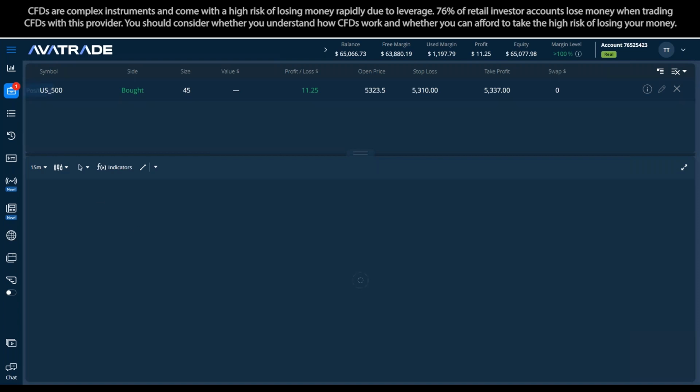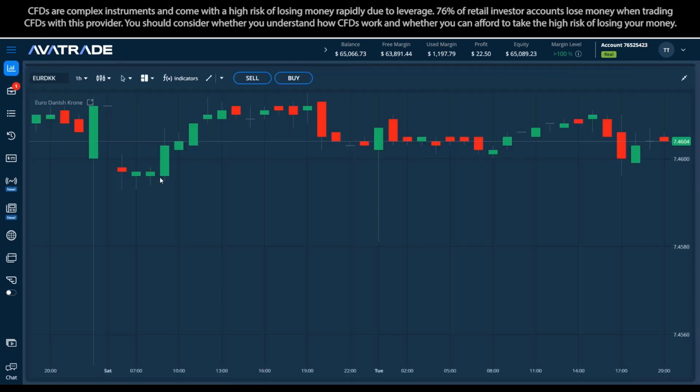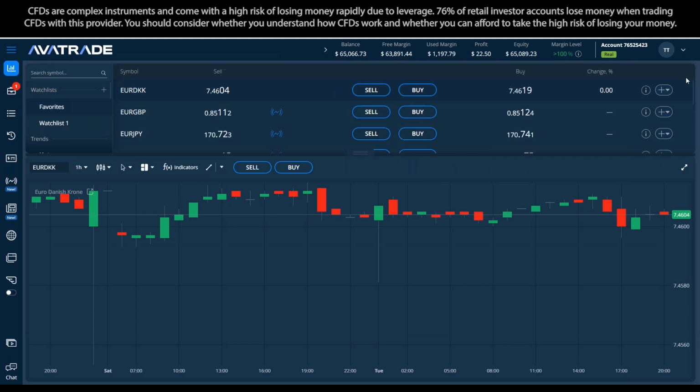And let's go ahead and look at another instrument. And so there was a request for the US dollar index. And so we could pull that up.